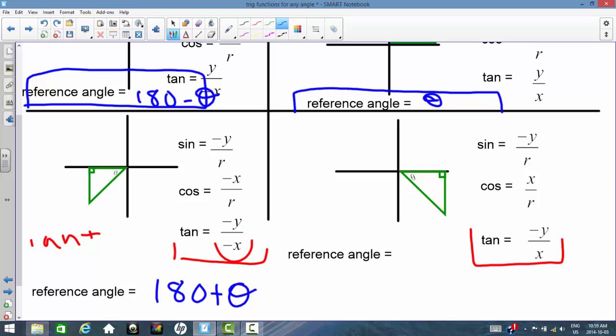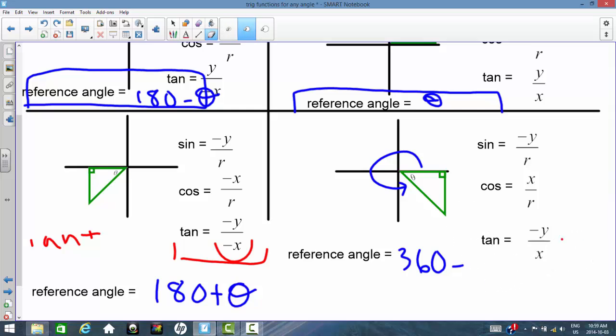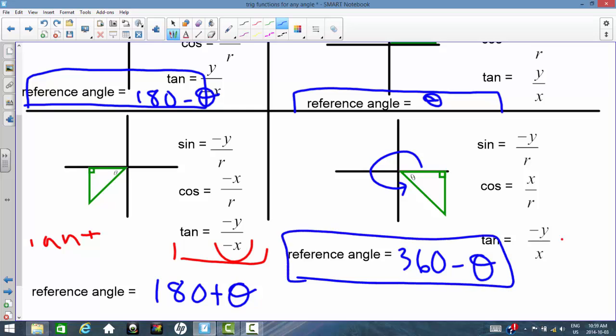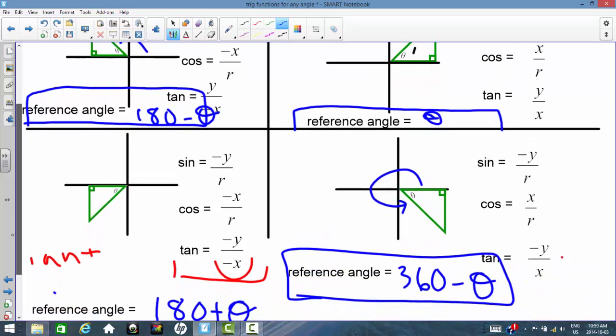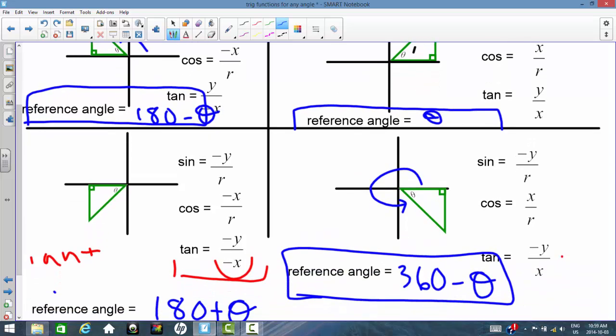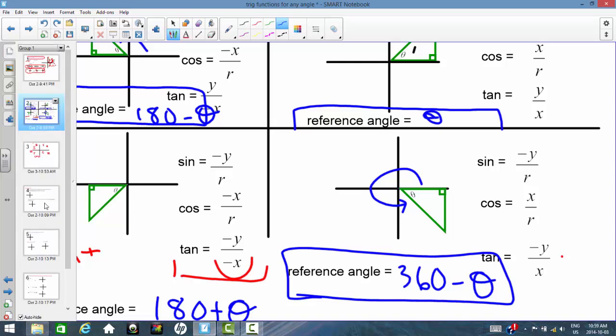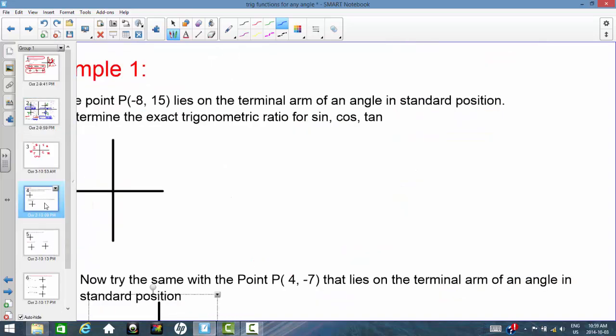And for the last one, it's 360 minus the angle. We covered this in class, but I just want you to have a look at it again, and then you can have it written down somewhere else as well, maybe a nice big picture of each of the quadrants with lots of detail on it.